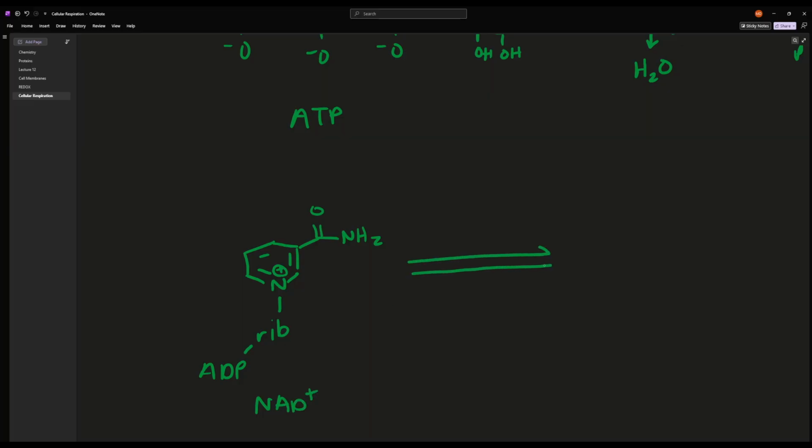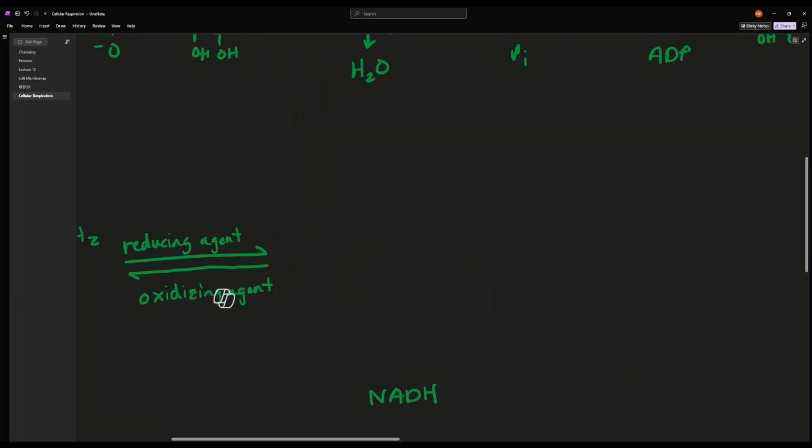And if we remember back to the redox, and I told you to memorize that NAD+ is the oxidized state and NADH is the reduced state, if I want to reduce NAD+ to NADH, I need to add in a reducing agent. Similarly, if I want to oxidize NADH to NAD+, I need to add in an oxidizing agent. Okay, I can then draw in my molecule.